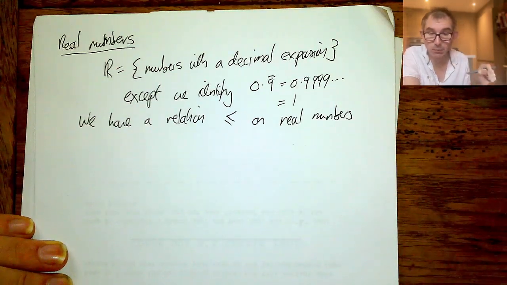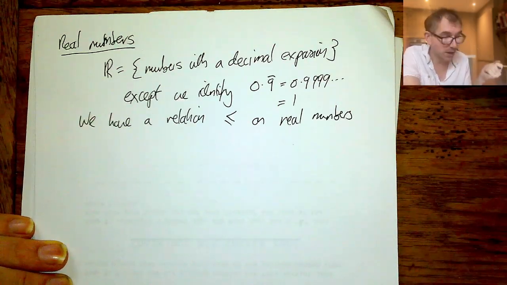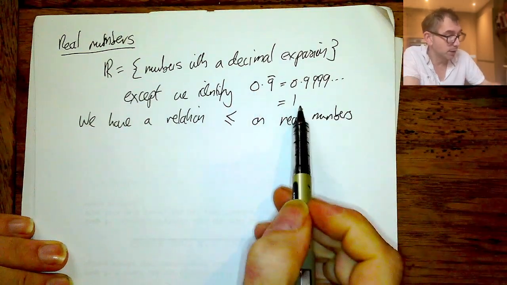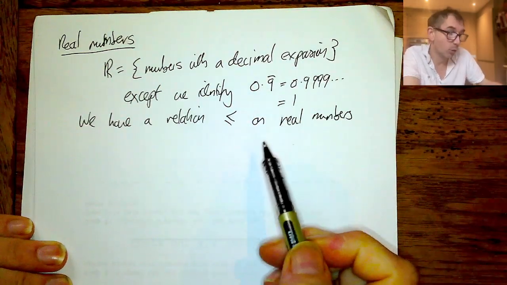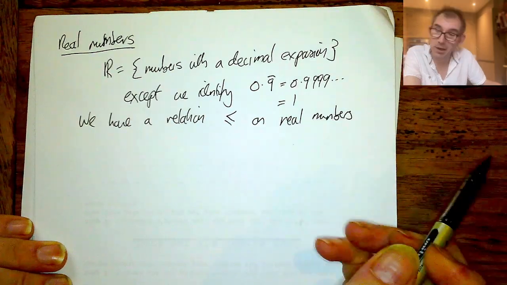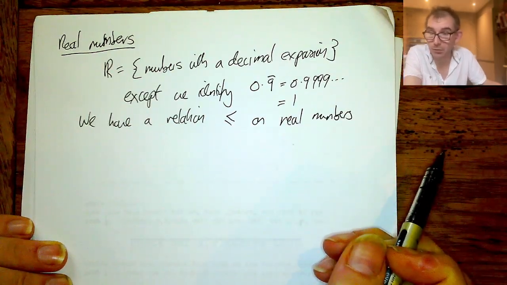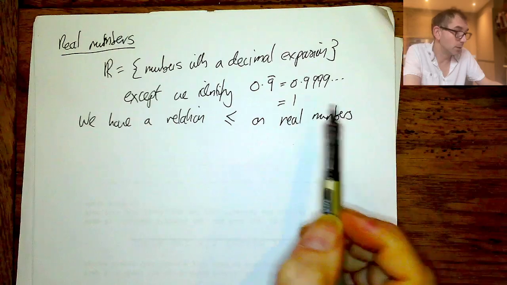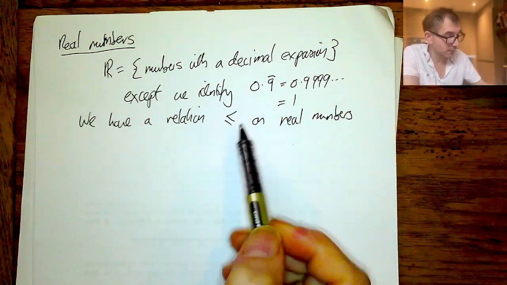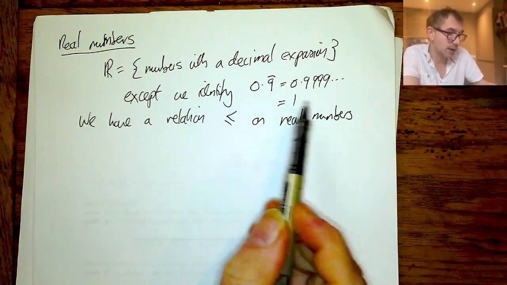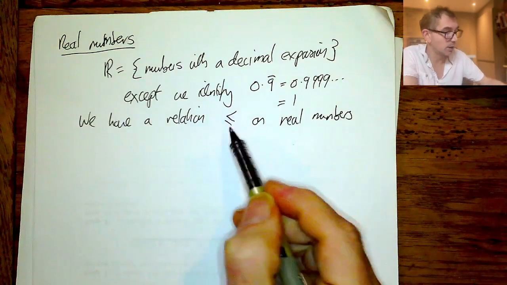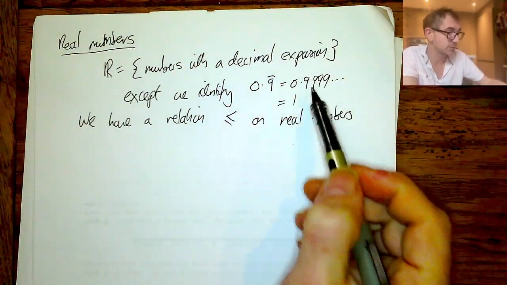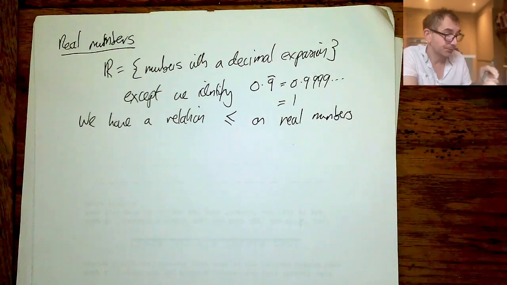So when are two numbers equal? Well, either because you've got 0.4 and then a load of nines, which is the same as 0.5. Otherwise, there will be a place where the decimal expansions differ, not just because of a load of nines, and then you can see which one's bigger by seeing where it changes.